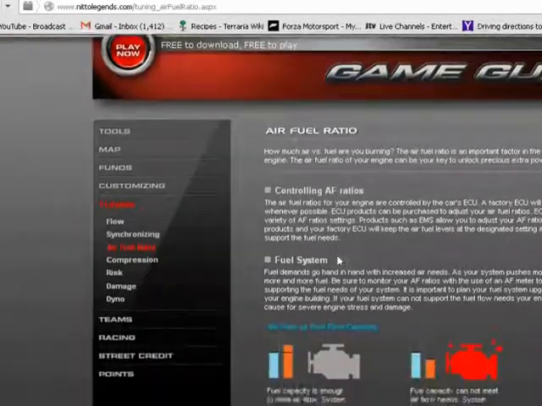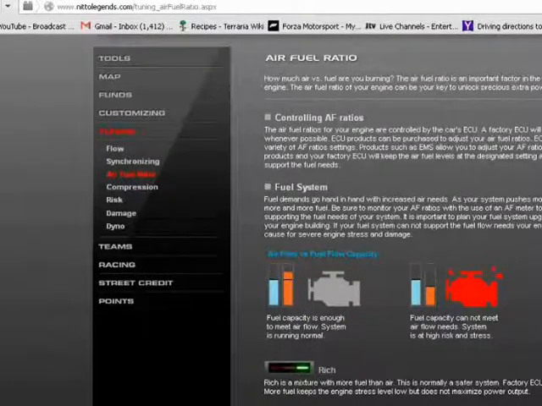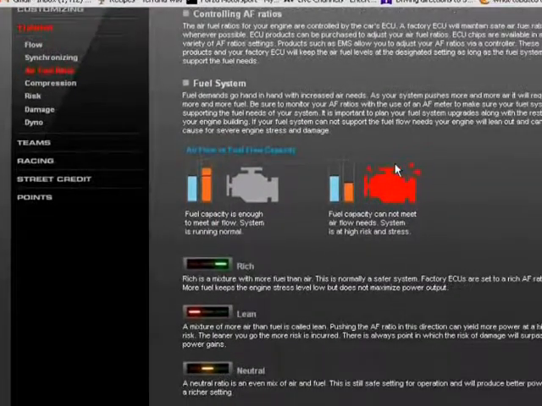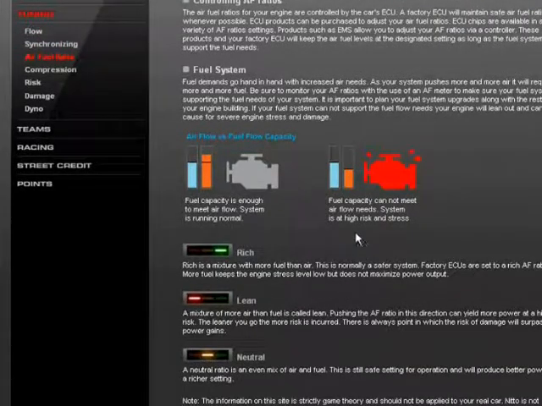Now, airflow ratio. This is very important, and it's a different concept. Basically, your engine has a capacity of air and fuel. If you have a lot of air but are using stock fuel, you'll actually hurt your engine, and you lose power.